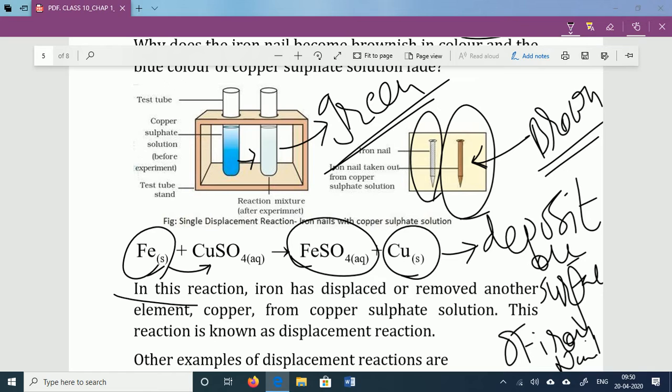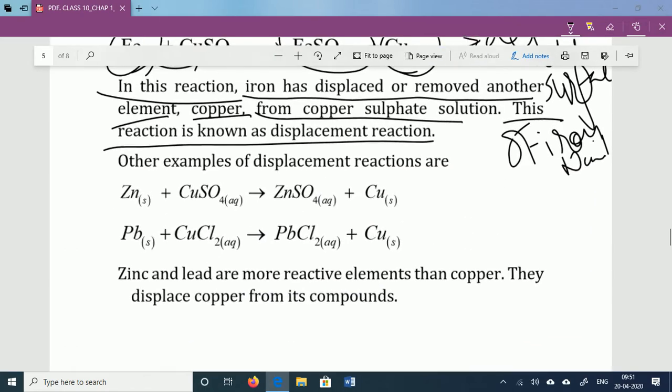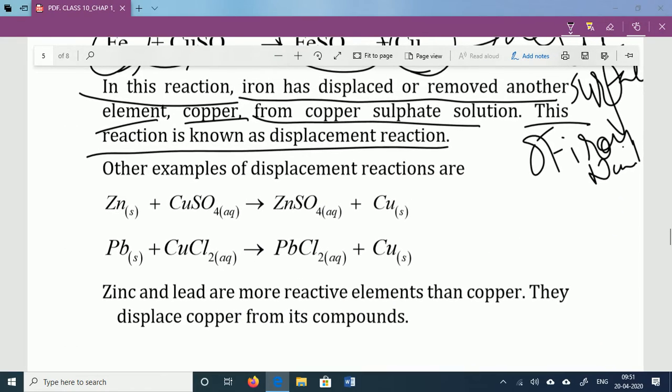So in this reaction, iron has displaced or removed another element, that is copper. Iron can displace a less active metal only from its salt. Copper is less active compared to Fe. It removes the copper from the copper sulfate solution, and this reaction is known as a displacement reaction. Another example: Zn is also more active compared to Cu in CuSO4.